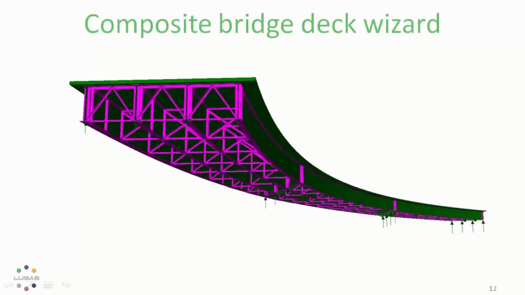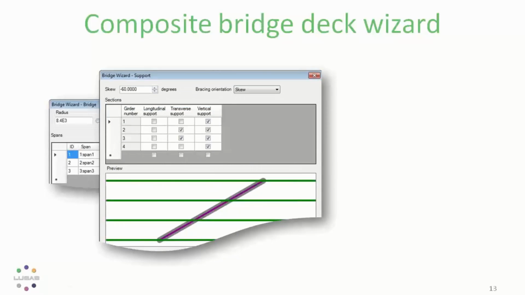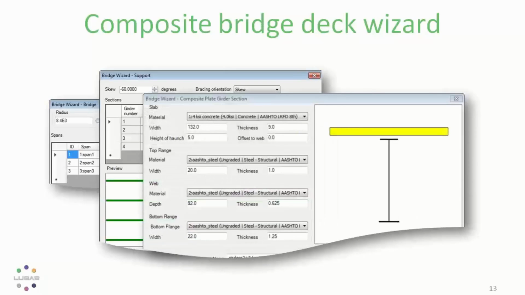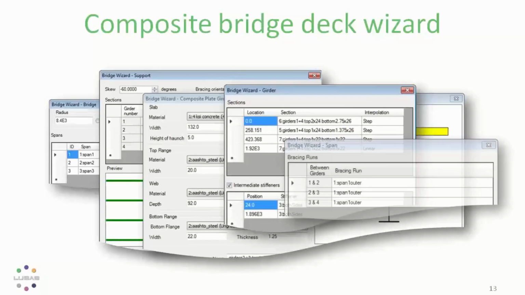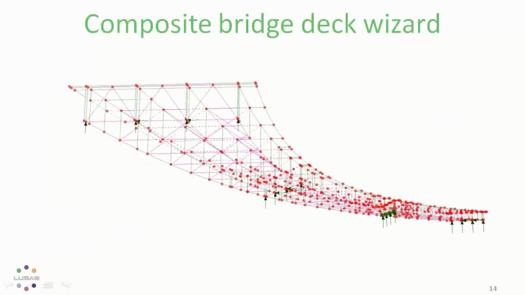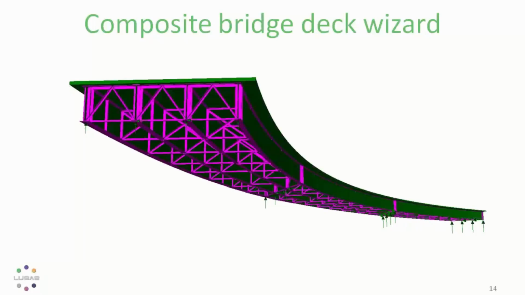So version 19 introduces a parametric approach where you define the bridge, the plan curvature, number of spans and support definitions, supports, the skew, the restraints, the bracing arrangements, of course the sections and the materials, where each section is applied, the stiffeners and intermediate bracing, and then essentially you click create model and you get all the points, lines and surfaces, mesh attributes, thicknesses, cross sections, materials, supports, all that is done for you.